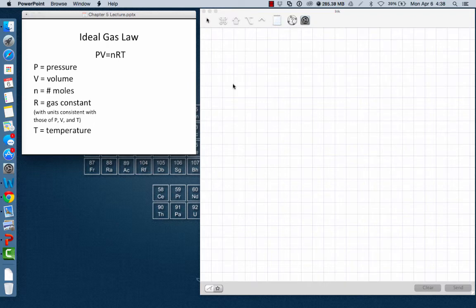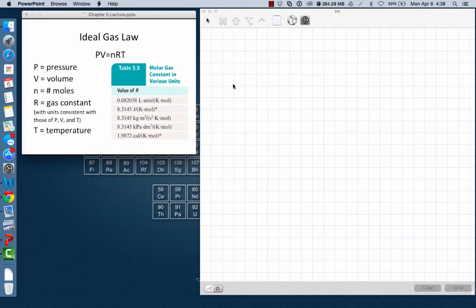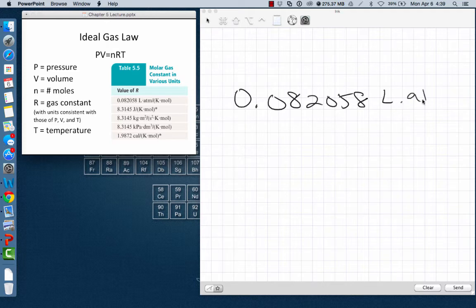This constant is given to you, not that you won't remember it by the time you finish with a million of these problems, but we usually use the value of R as 0.08258 liter atmosphere per mole Kelvin. We're always going to have liter atmosphere per mole Kelvin.